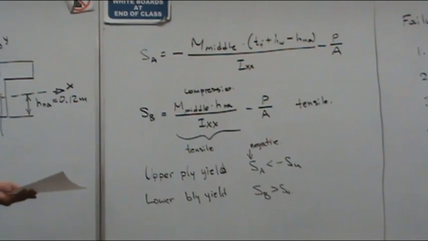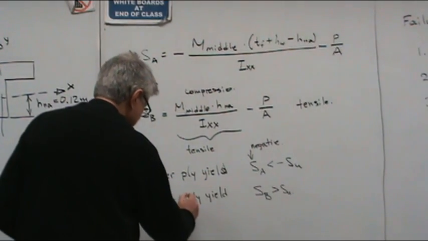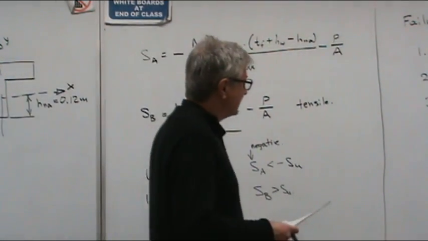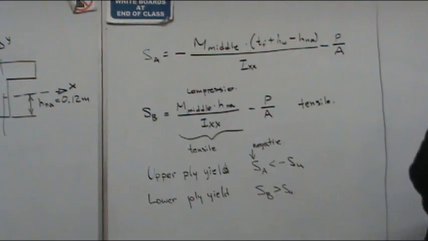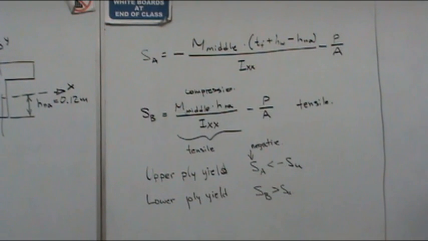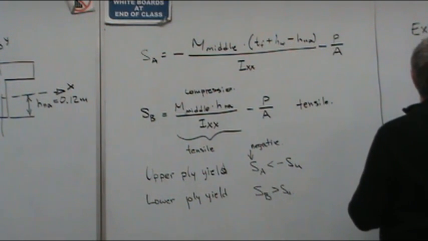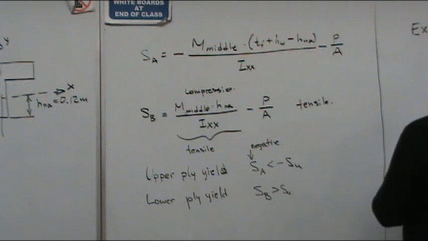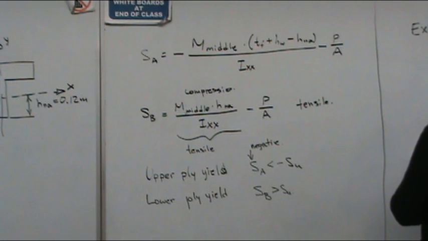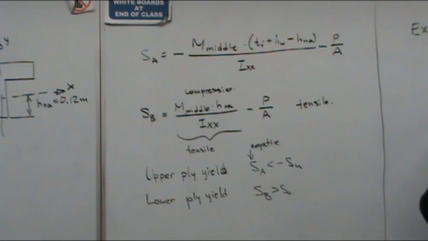So this is to check for yield. For excessive deflection, delta max minus delta is negative.